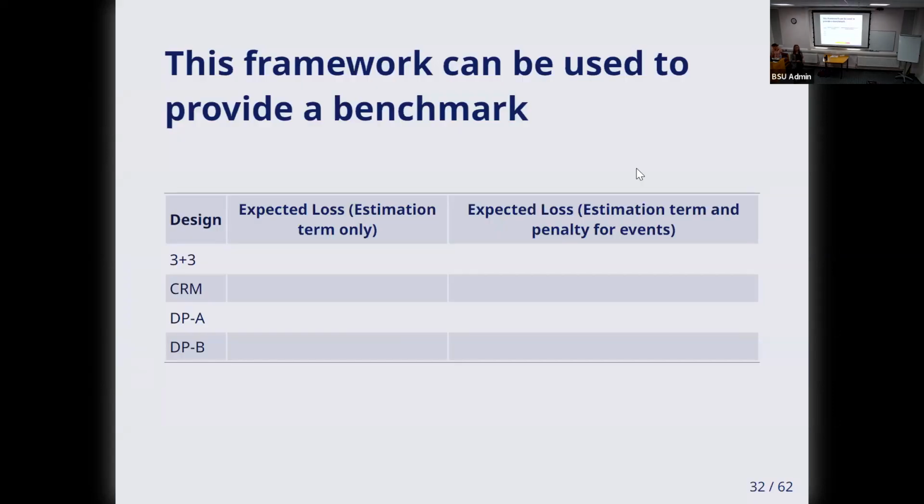Yeah, so we can also use this framework as a benchmark to help us answer what-if questions. So if, say, we've got that constraint where we can only go up one level at a time, what happens if we don't have that constraint? Do we do better with respect to whatever our aim is?